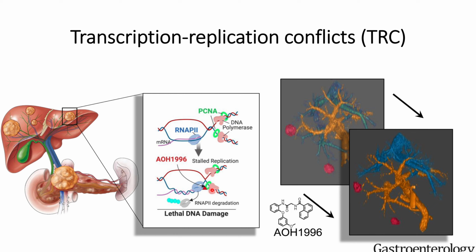When AOH 1996 is introduced, the interactions of PCNA and RNAP2 increase, and that might cause some lethal DNA damage that triggers the death of the tumor cells. This is what they reported in the paper about the in vitro results and in vivo results that we will cover in our subsequent videos.